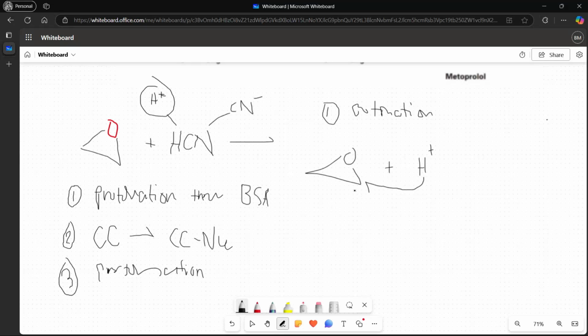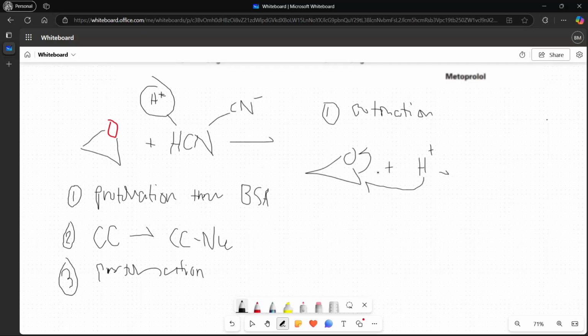Now once this one opens up, it's going to look like this, because it's going to let go of this oxygen over here. Since this one attacks here, another electron also jumps on this side, freeing up this bond over here.